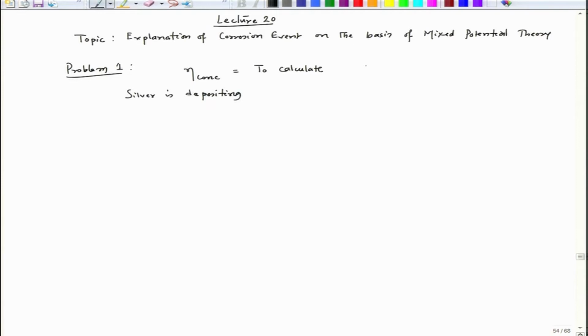Here we are considering cathodic polarization, for the understanding of the concentration polarization part.